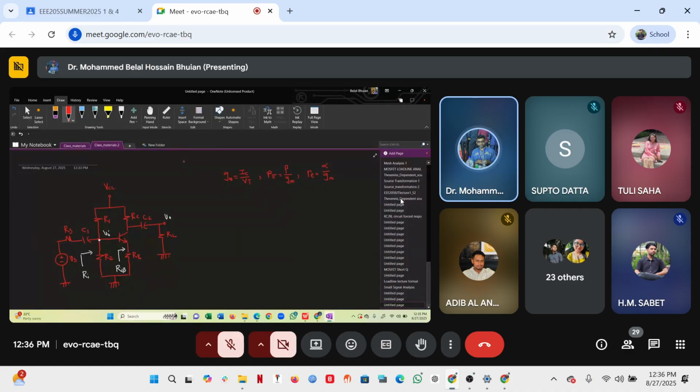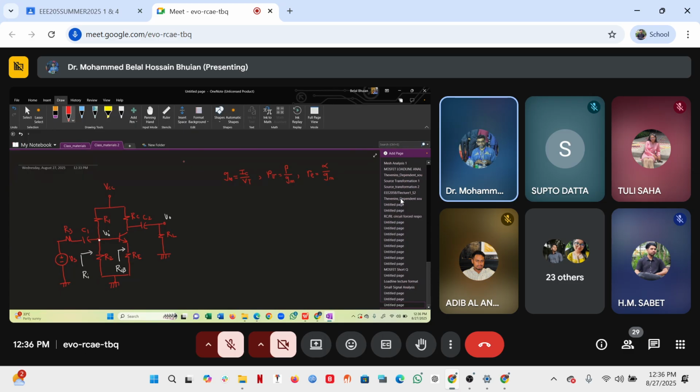And then we take the output from the collector terminal, which is realized across the resistor RL, and that is also connected through a capacitor C2. And we learned why we had to use the capacitor last class. Okay, so we're going to analyze this amplifier only for small signal.